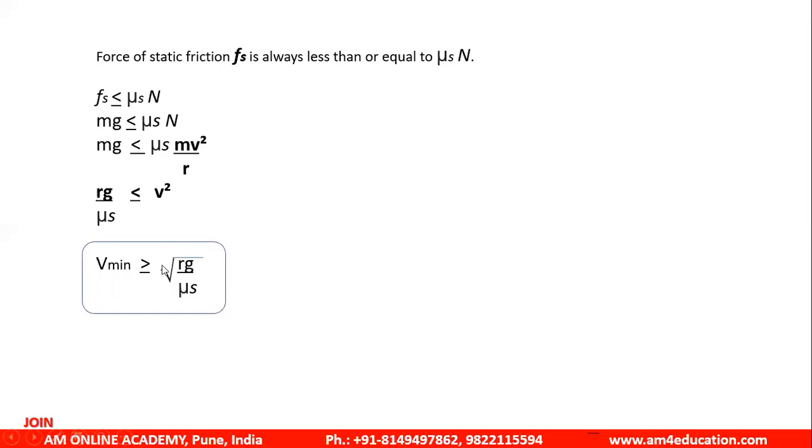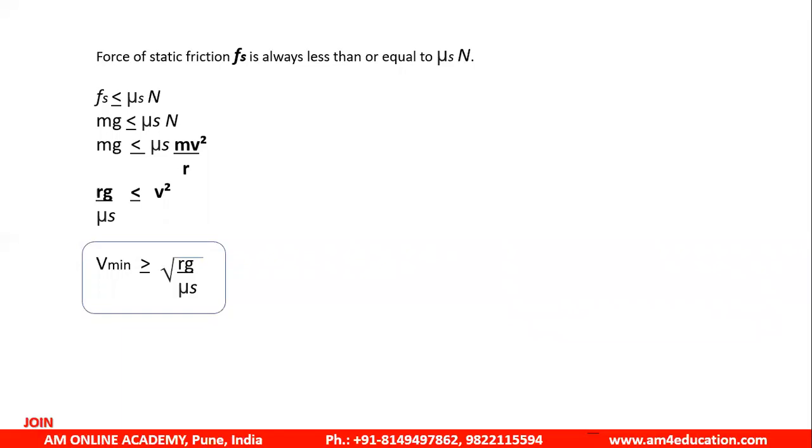If it goes below this speed, v min, the vehicle will fall down, and if it goes beyond this, there is no problem. But this is the minimum speed. If you see this expression, it doesn't depend upon the mass of the vehicle. You might have seen in YouTube videos that vehicles are moving in this well of death.